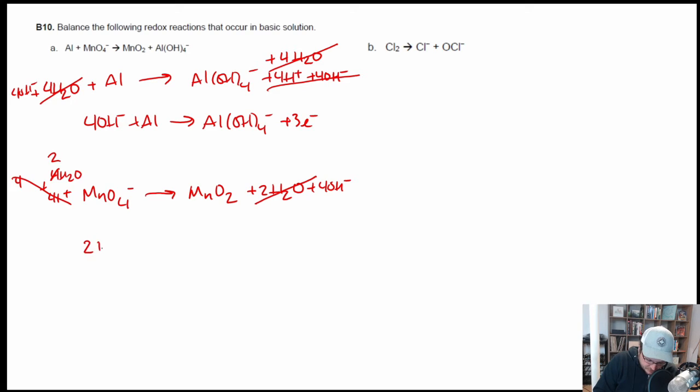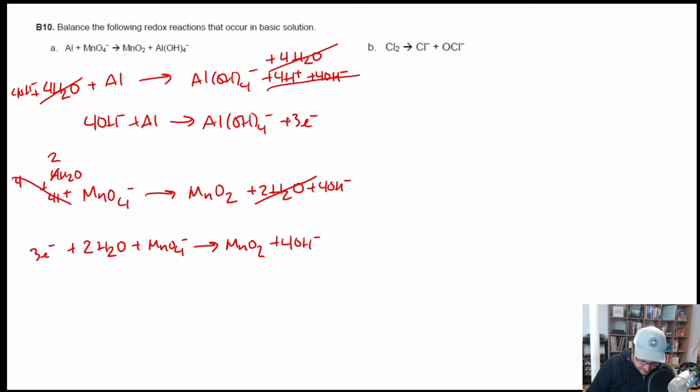So what we have is 2 H2O plus MnO4 minus yields MnO2 plus 4 OH minus. Now we just need to balance out the number of electrons. Here we have 1 negative charge on the left and 4 on the right, so we need 3 electrons on the left. So that's balanced in terms of the charge.